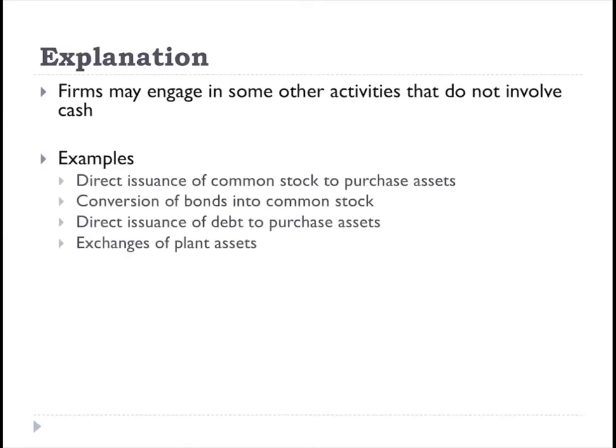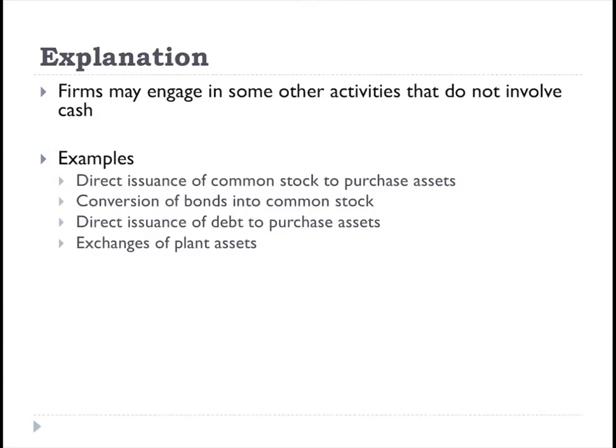And the last one: sometimes firms may engage in activities that do not involve cash. Examples are if the firm issues common stock to purchase assets. There's no cash involved here. Basically, the firm's common stock increases and the non-cash asset account increases.